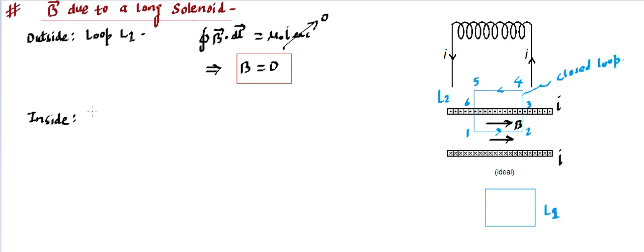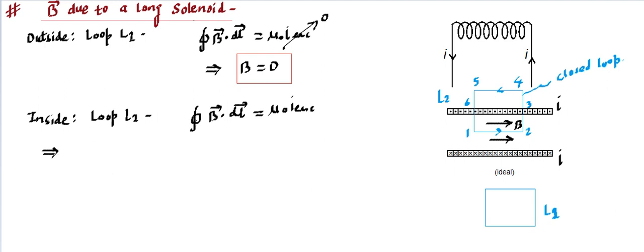Inside, for that we need to consider loop L2. So let's consider the loop L2 for which we have shown these points. Now we need to say this integration has to be done over the entire loop that we have considered, this L2, and it has to be performed B dot dl, and that B dot dl is going to be mu naught into I enclosed. Now let's just start with this on the left hand side.